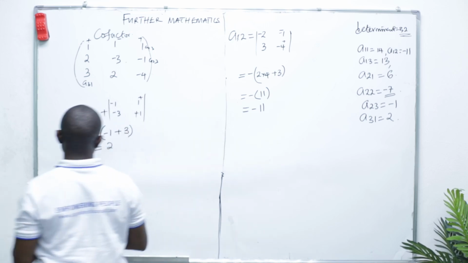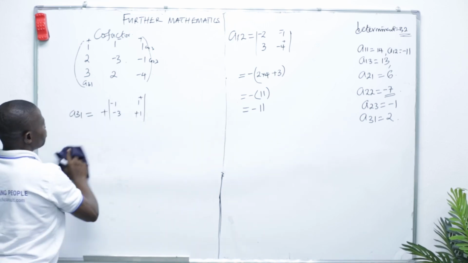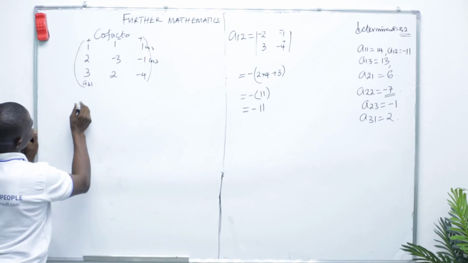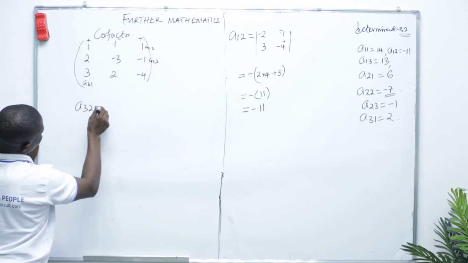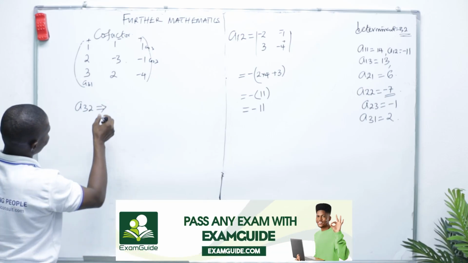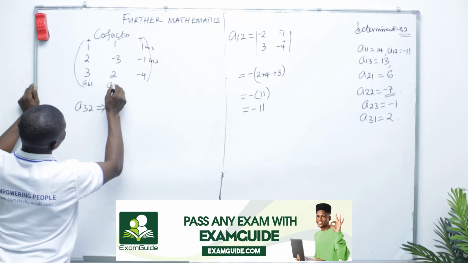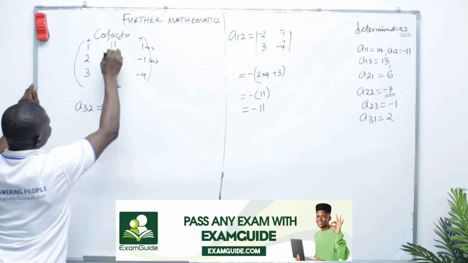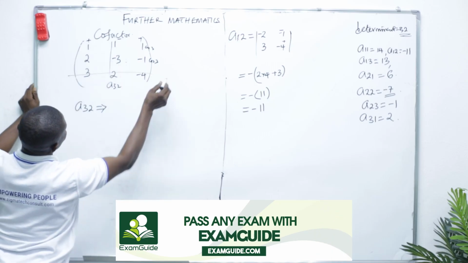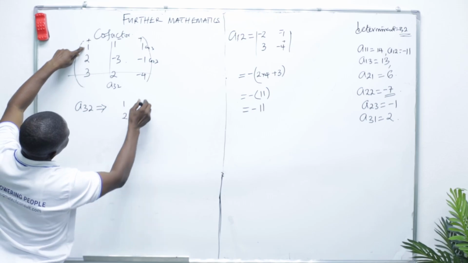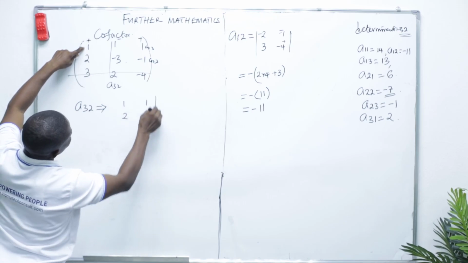Another thing here, we decide for A32. A32 implies, this is A32, this way and this way. This is 1, 2, 1, minus 1.